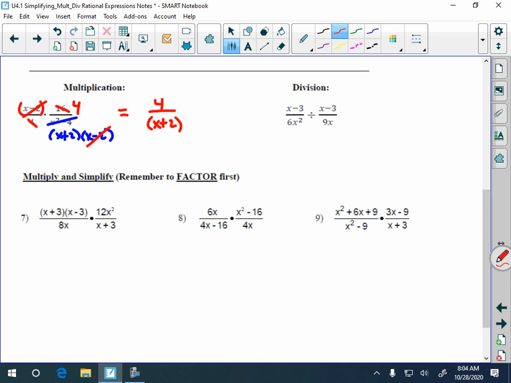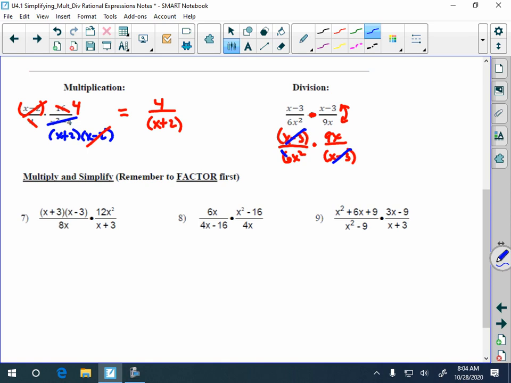All right, so then with division, we're going to turn it into a multiplication problem, and we flip the left side. I'm sorry, the right side only. All right, so x minus 3 over 6x squared times 9x over x minus 3. So now it's multiplication. We can cross cancel.